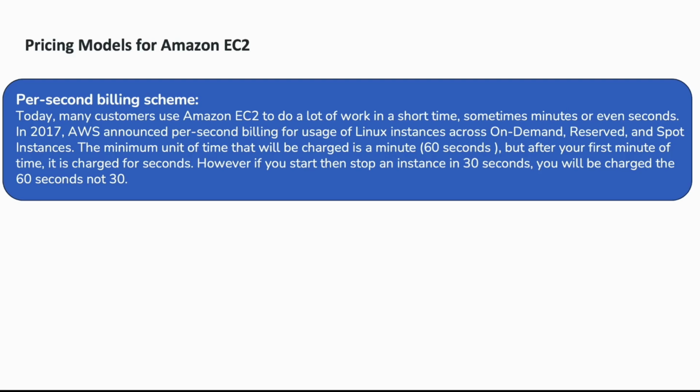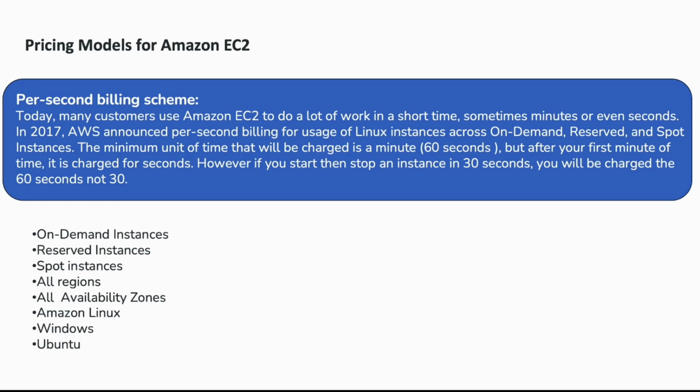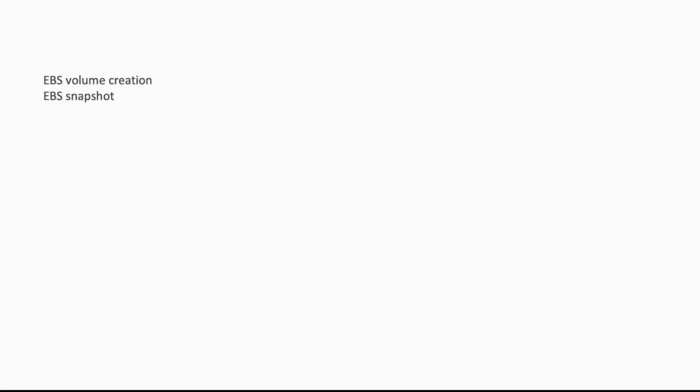The minimum unit of time that will be charged is a minute, which is 60 seconds, but after your first minute of time, it is charged per second. However, if you start then stop an instance in 30 seconds, you will be charged the 60 seconds, not 30. So these are the places in which you can use per second billing: on-demand instances, reserved, spot, all regions, all availability zones, Amazon Linux, Windows and Ubuntu.